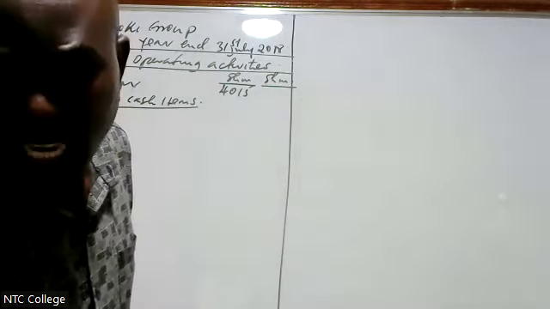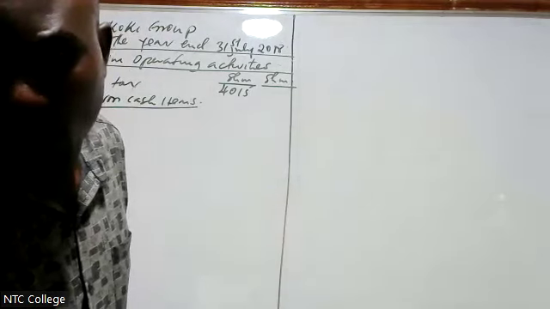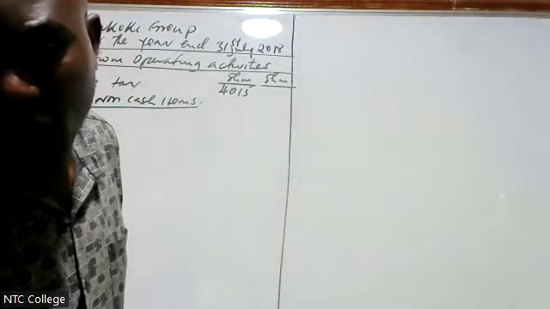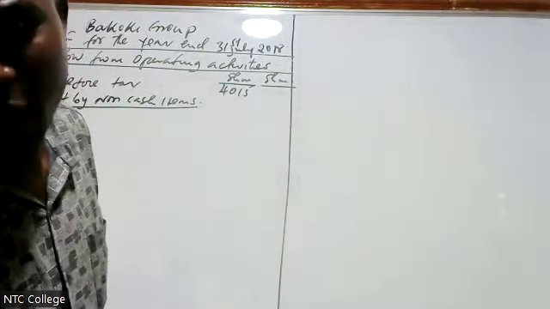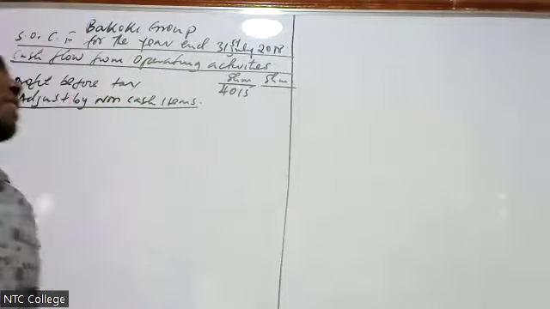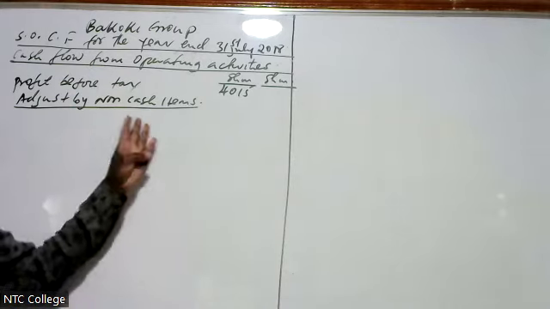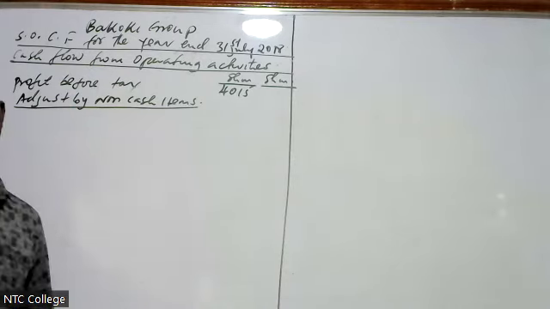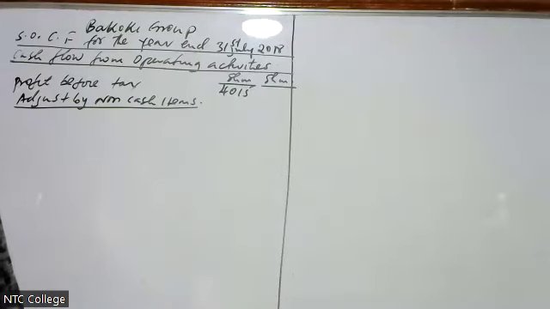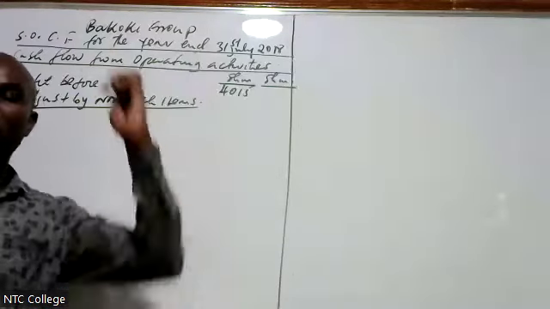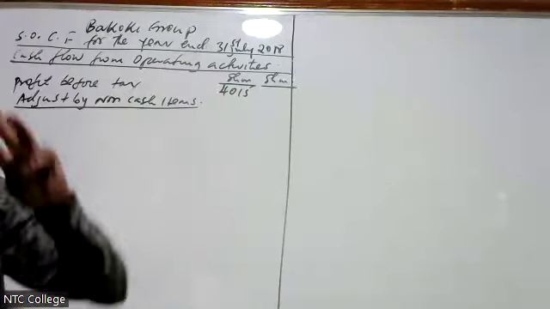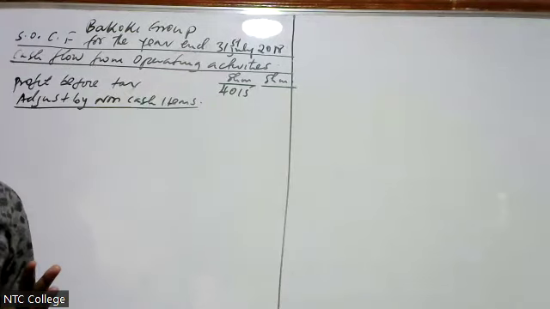When the question is silent on the method to be used, what method is most preferable, Mwalimu? The most preferred method is the indirect method. That is the most preferred. And in the indirect method under operating activities, it has a lot of free marks. But when you go to the direct method, unless you are very keen, those 3 items that we did yesterday, you might miss all of them.